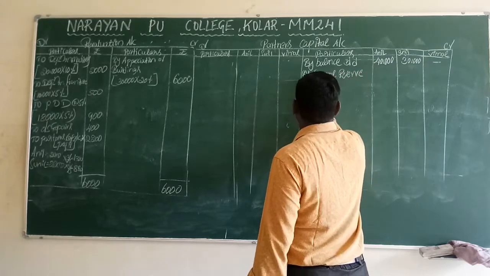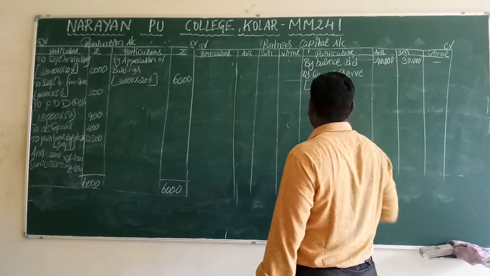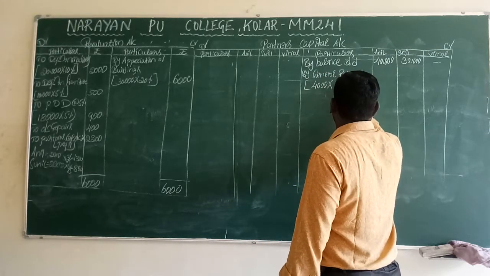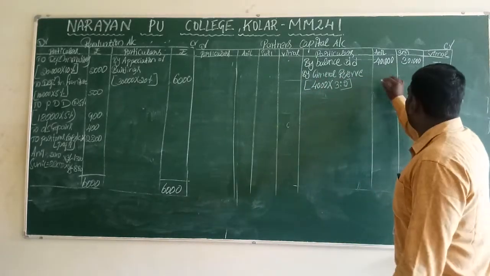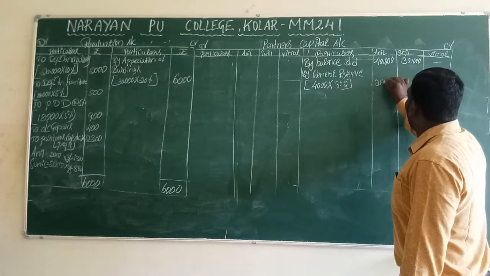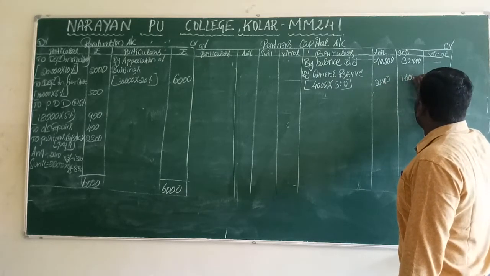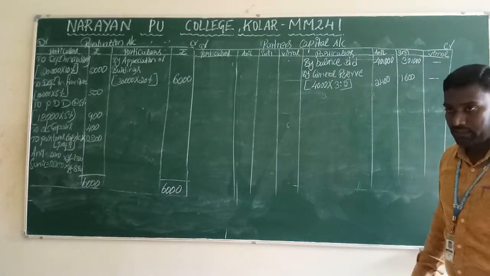The value of general reserve is 4,000 rupees. We should write in the columns according to their ratio, 3:2, 3 by 5 and 2 by 5. So we will get 2,400 for the first partner, 1,600 for the second partner. The third partner will not get this value.